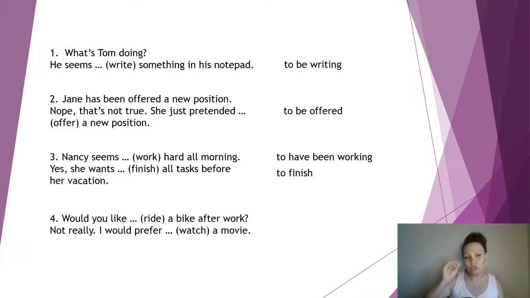But after would like, would love, would prefer, we use the to infinitive. So here we have both. Would you like to ride a bike after work? Not really. I would prefer to watch a movie.